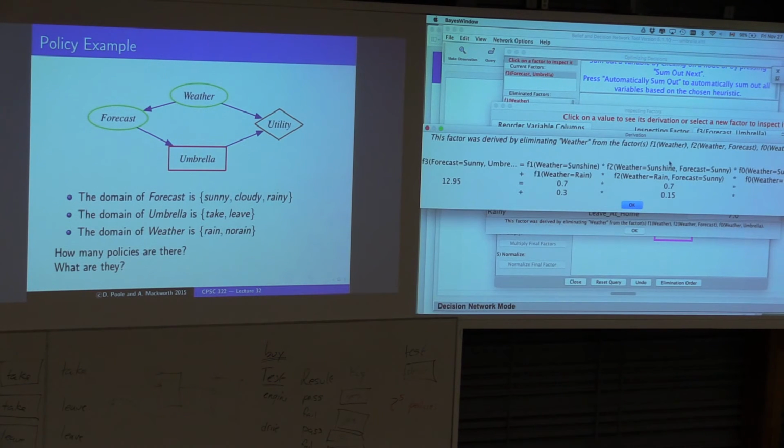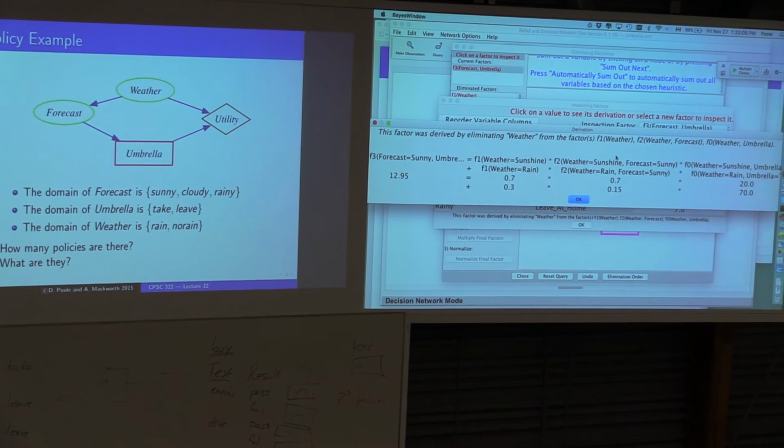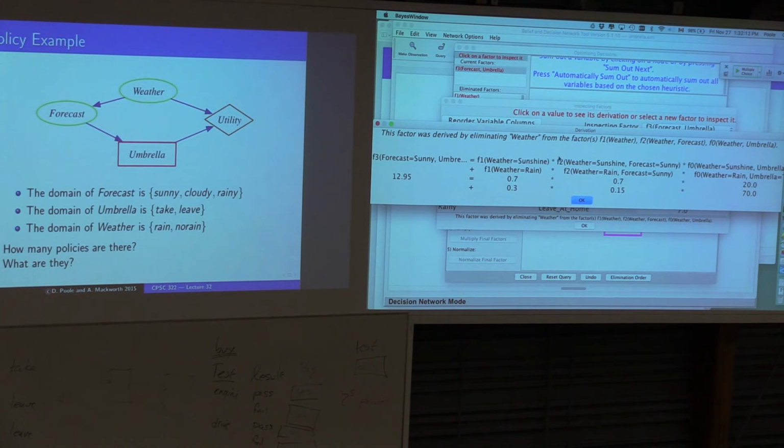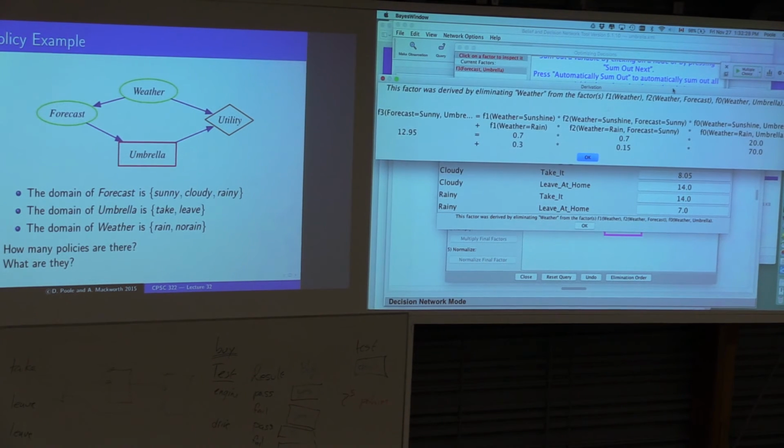Here the forecast is sunny, so we've got these three factors we're multiplying together. It cuts off umbrella for both of them.